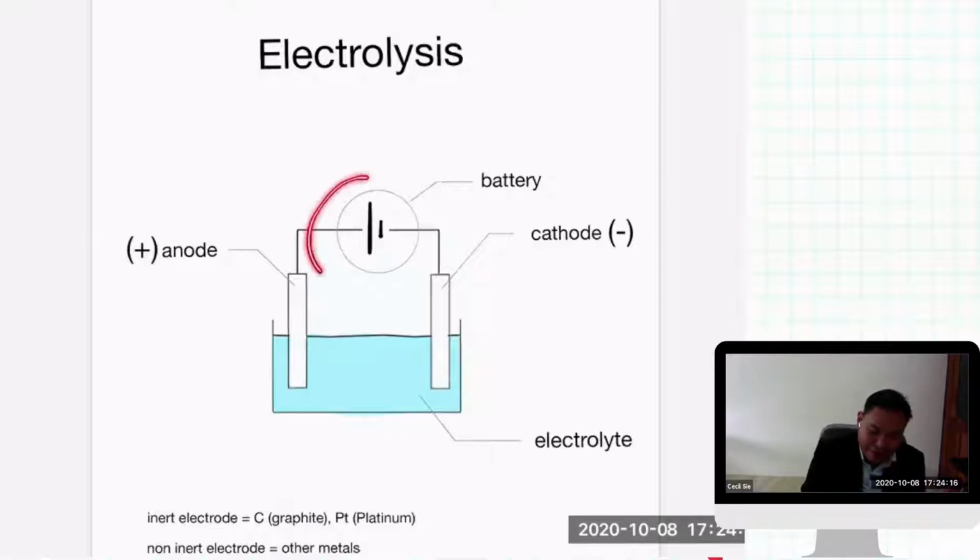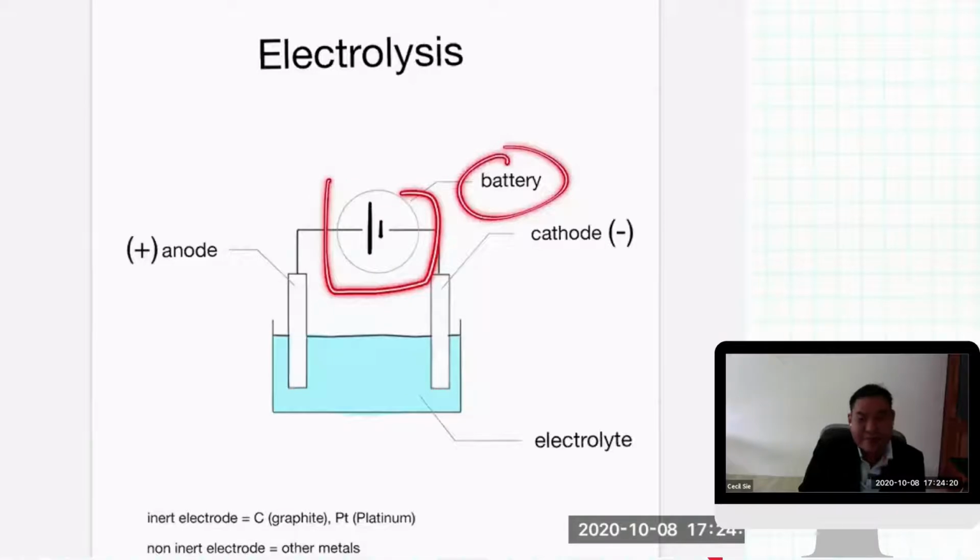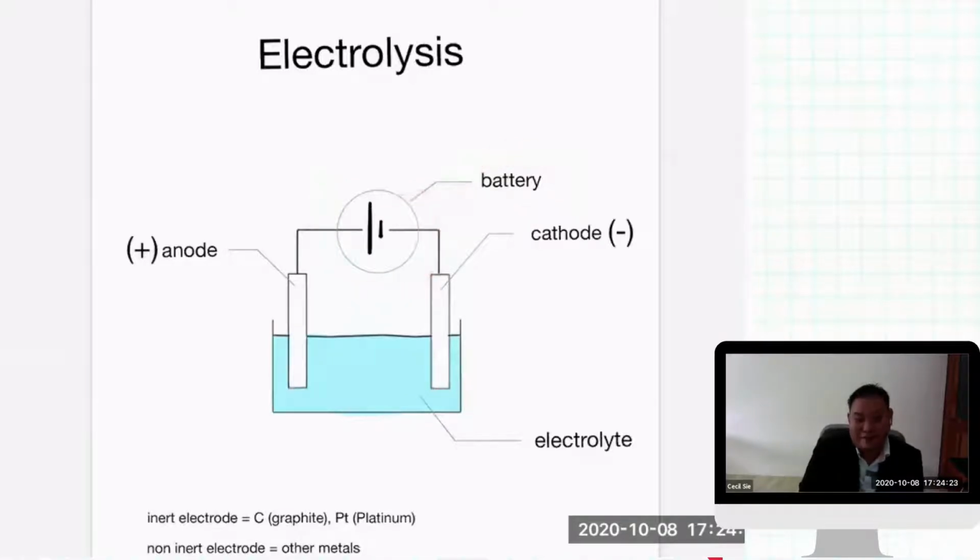You must force them, and you force them using a battery here, DC current. You have a solution, then you connect the battery to the solution by using 2 pieces of metal, one connected to the positive side, the other connected to the negative side. The one that is connected to the negative side of the battery is called cathode.